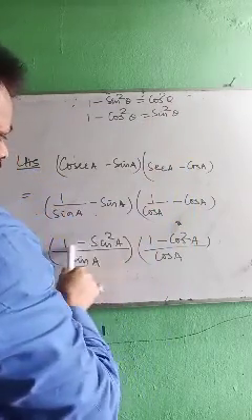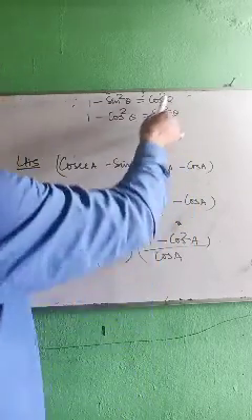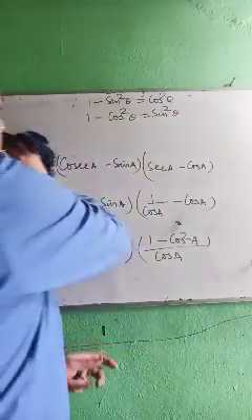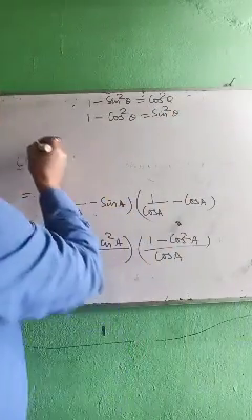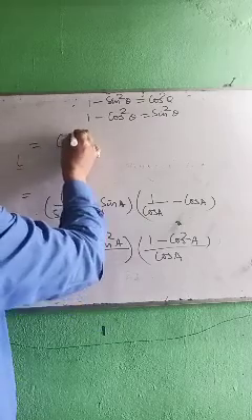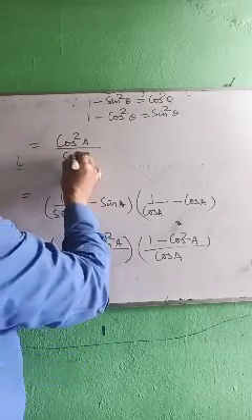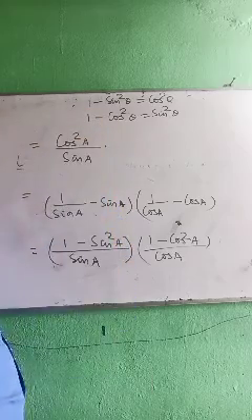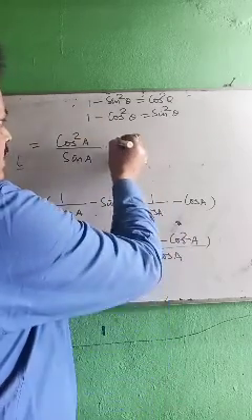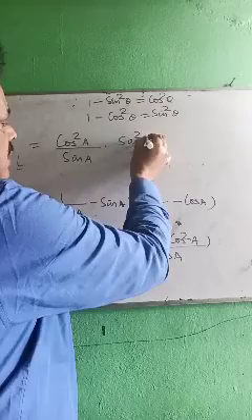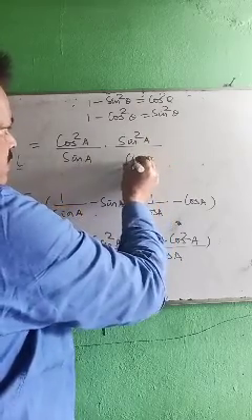So this becomes cos square A by sin A into sin square A by cos A.